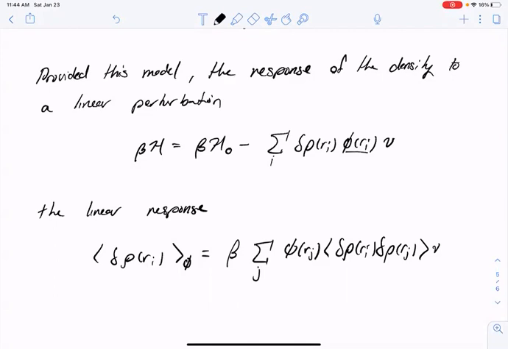So that's the response relationship. If we have some structured field moving our density around, the change in the density locally is given by a linear combination of the field times the correlation function, where the scale of the fluctuations is measured with respect to kBT.